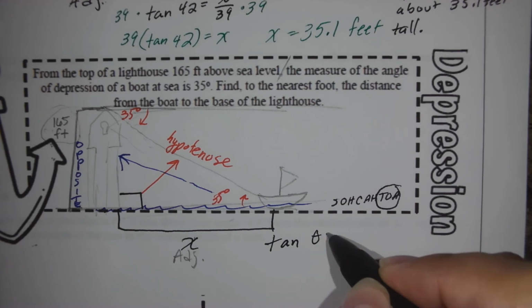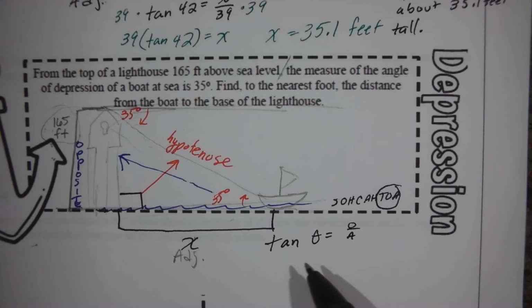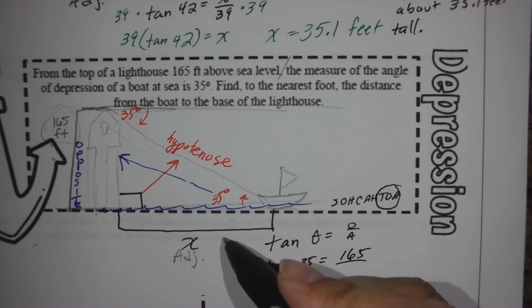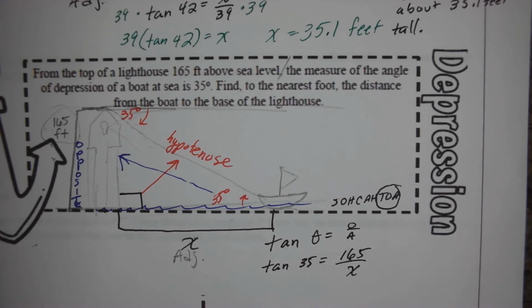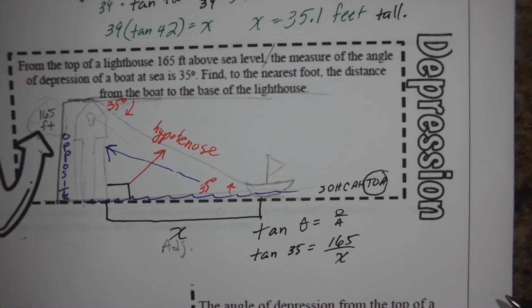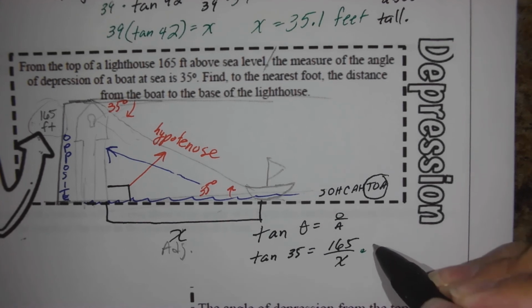So tangent theta equals opposite over adjacent. You know the angle is 35. Your opposite is 165, and your adjacent is the x. So now we have to solve this because we have our x in the denominator. Like we've done before, you're going to multiply by the denominator.